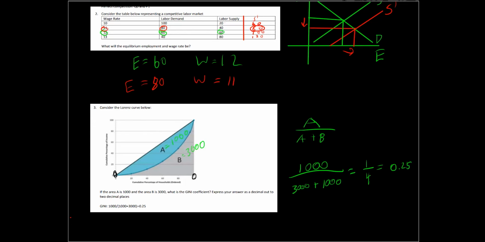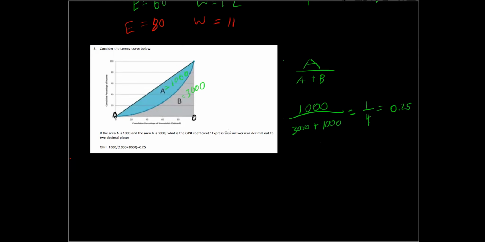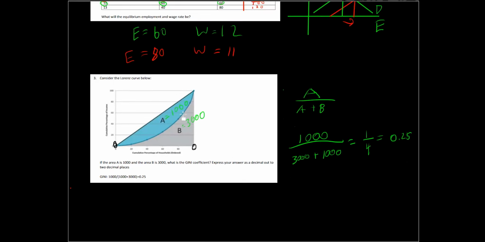Okay, so let's imagine that we've got a different society where these ratios are different. So let's imagine that we have less area in B. So let's imagine that B is instead equal to 2,000, and A, let's say it's still 1,000.